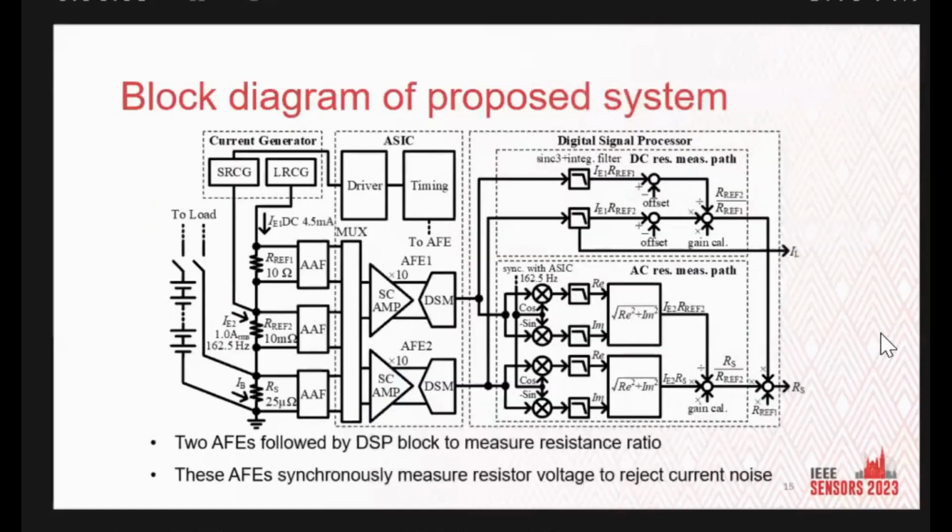This slide shows a block diagram of the proposed system. There are two FEs in the ASIC, followed by a DSP, to measure the resistance ratio. These FEs synchronously measure the resistor voltages to reject the current noise and drift, as I mentioned. Next, let me explain the circuit operation for shunt resistance measurement.